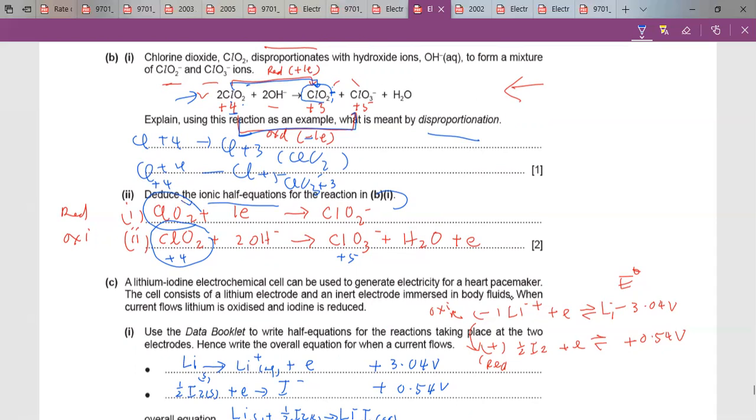So same, here same. So I don't put any OH here or whatever, water, I don't put, okay? It's +1 electron, okay? So this, of course, +4 goes to +3. So it's 1 electron, right? So that's the half equation.